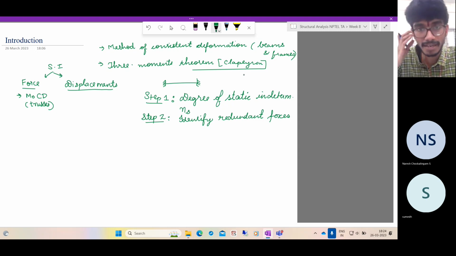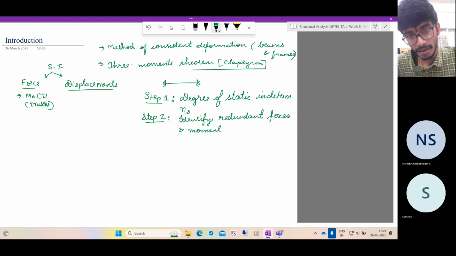When we were looking at trusses, the internal forces are all only axial forces. But when we come to a beam, we can also have redundant moments. So we need to identify redundant forces and moments or reactions as well.